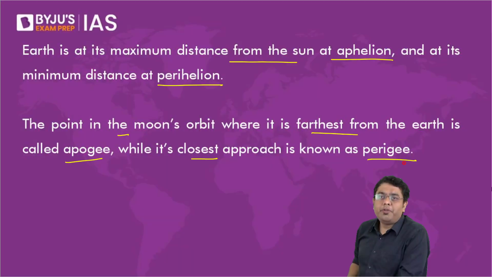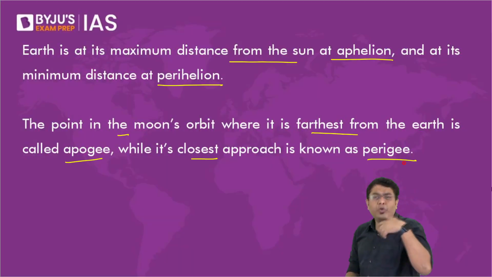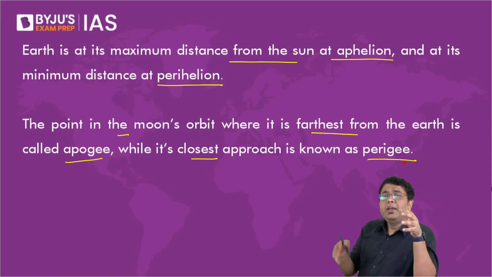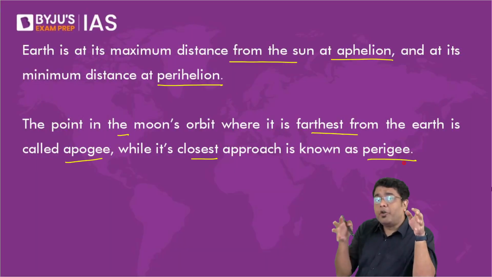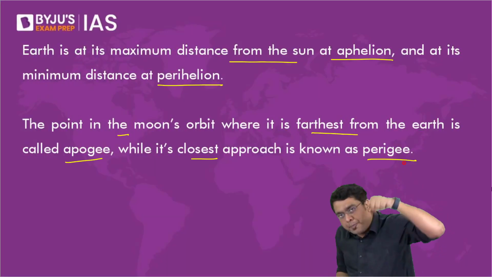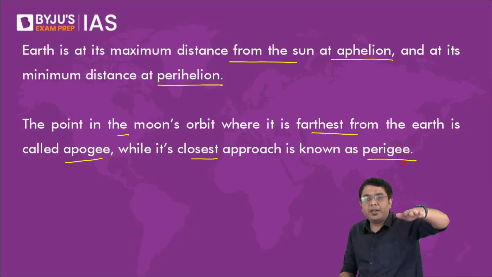Why in general you will find the orbits to be elliptical is because, as I was telling you, and I don't want to venture into the territory of science and physics significantly, when you have an object of large mass, let's say like the sun, that sun already warps the space-time continuum that you have.